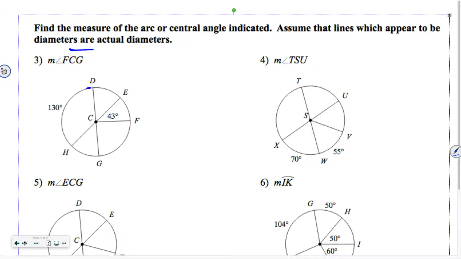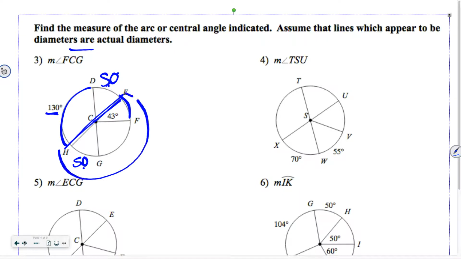So this is 130, this is 43, okay? These two are the same amount, okay? So this is a diameter, so I know that this 130, so this has to be 50, and this has to be 50 because those are vertical angles, okay?